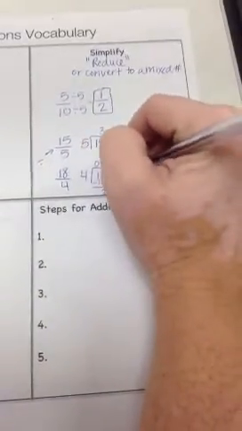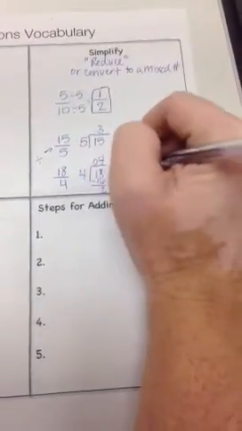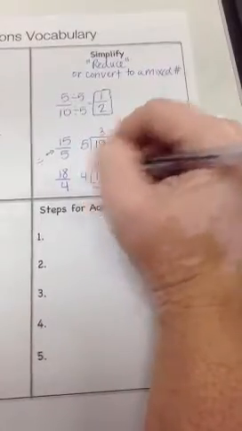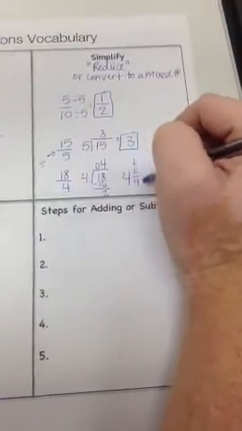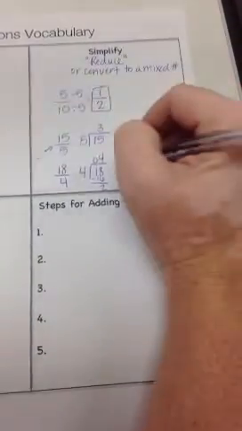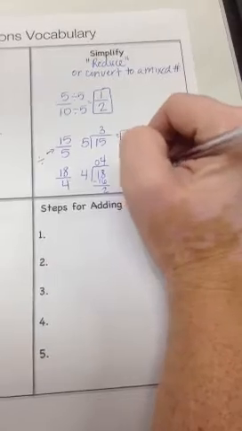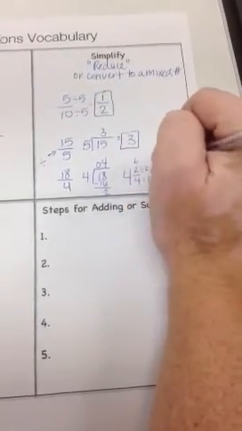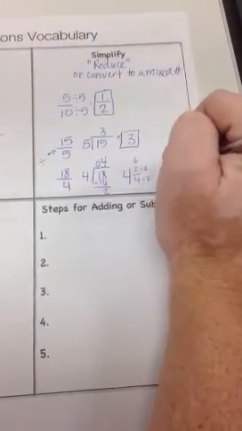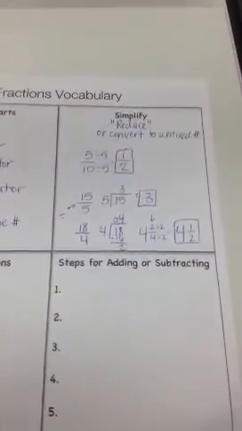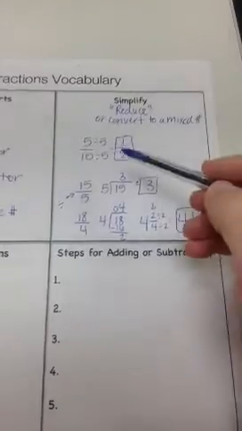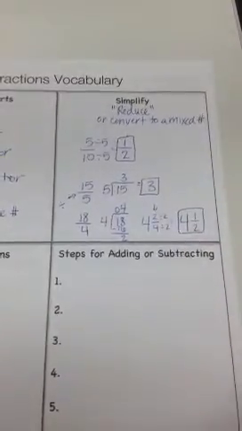So we write 4 wholes, and I have 2 remaining out of 4 that I started with. My denominator was 4 at the beginning. If you notice this fraction right here, 2/4 can be reduced because you could divide both of these by 2. And this would end up being 4 1/2 as your final simplified number. So there's lots of different ways to simplify a number, so make sure you do that correctly.